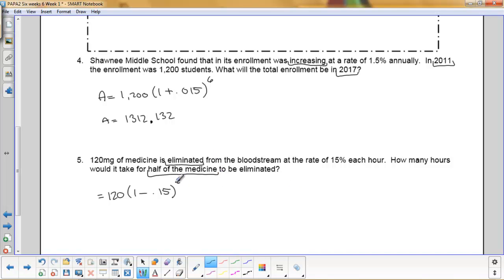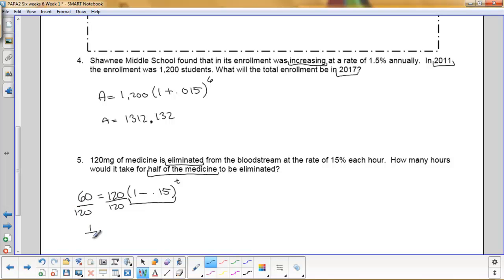So we're unsure about the time, but I do know what the final amount is going to be. The final amount is going to be 60, which is half of 120. Remember, I'm trying to get this conglomerate of numbers by itself because I need to get this t out of its exponent and into whole number form.